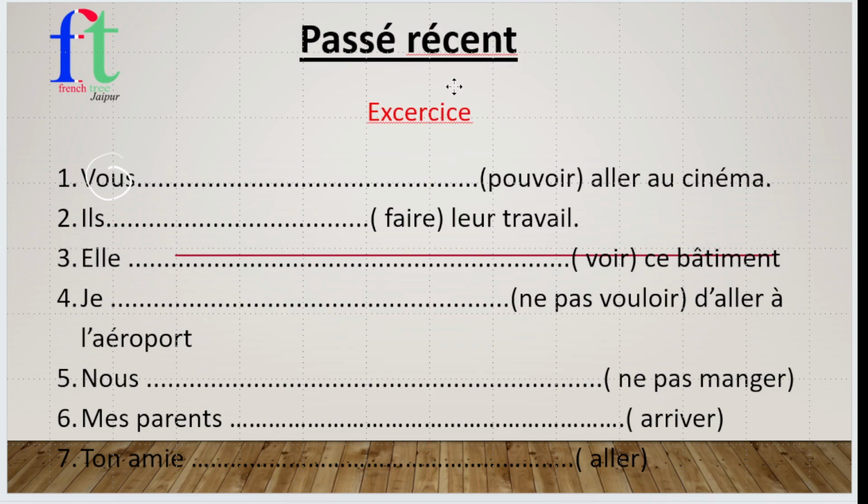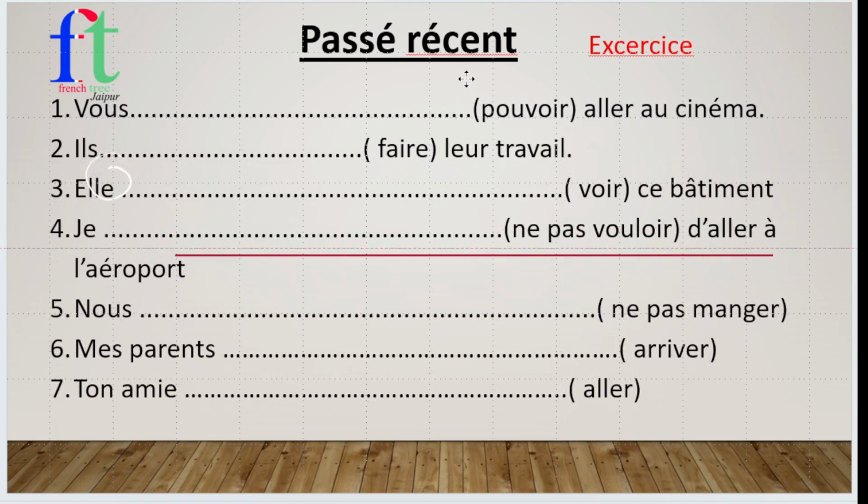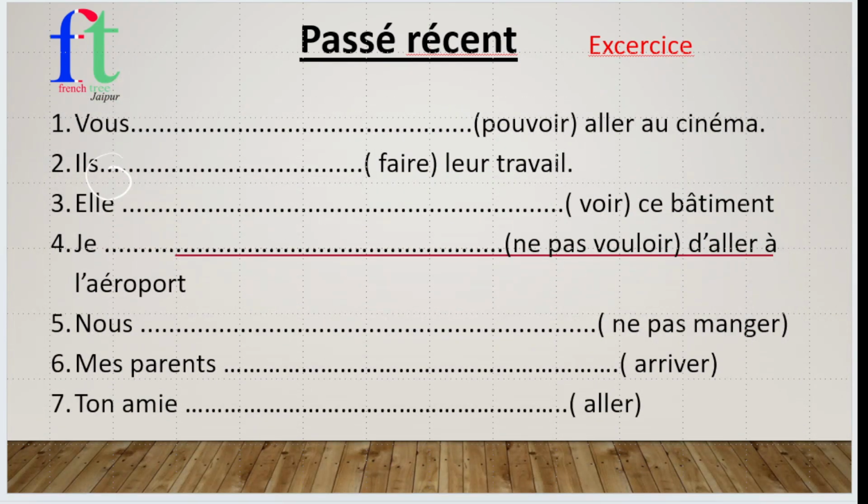The verb is pouvoir, and you have to put it in passé récent. Vous pouvez is present tense. I am talking about passé récent. What was the formation? Venir plus the infinitive form.